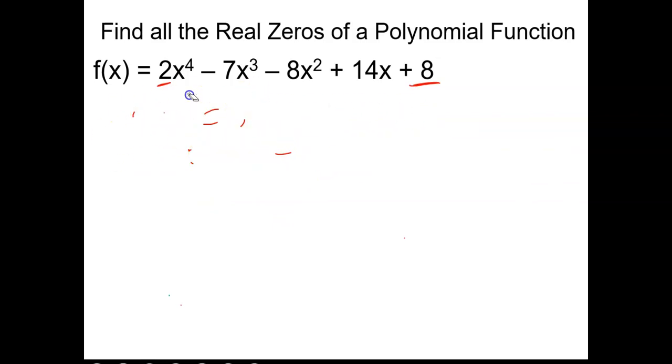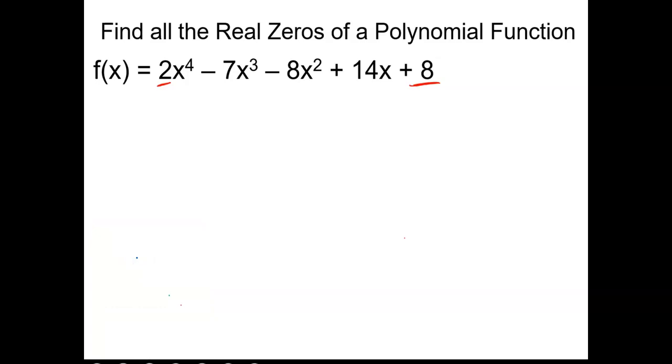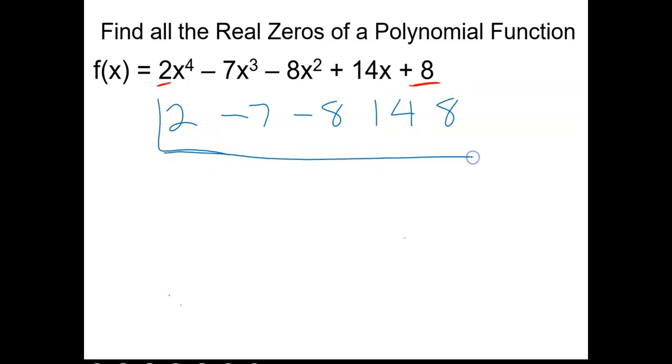Okay, do we have everything? So we have 2, -7, -8, 14, and 8. And we have 4 as our 0. So we drop down 2.